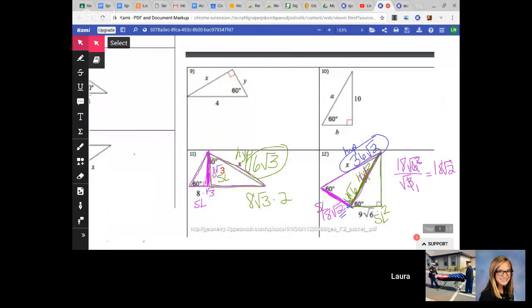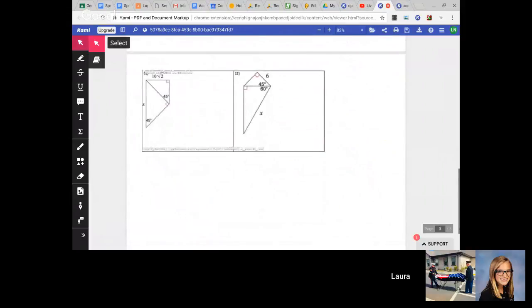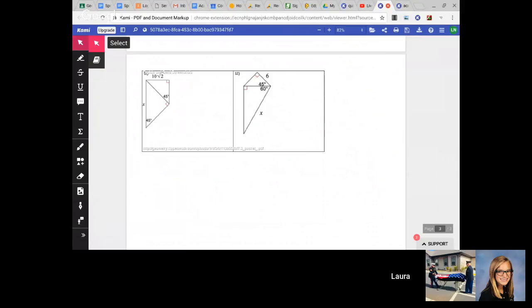All right. Let me shrink it so I can switch the page. This one with the 2? Yes, ma'am. Both of those or just one of those? Braden, both of those or just one of them?